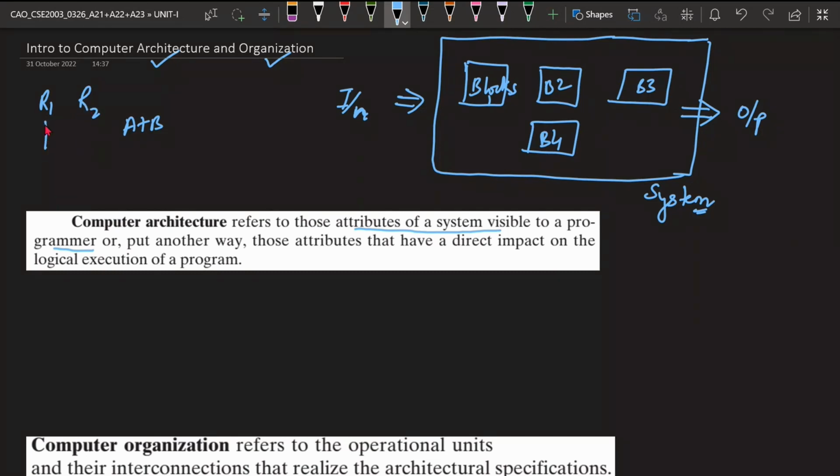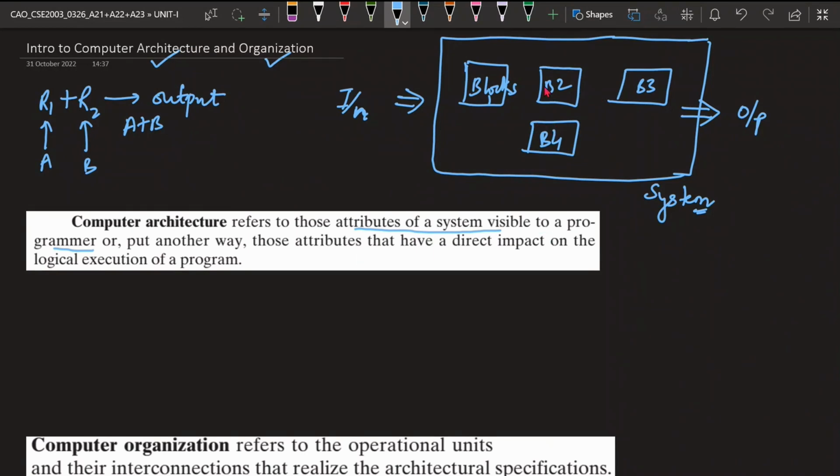He needs to put A into R1 and B into R2, then write the code to perform R1 plus R2, and then the output will be generated. So the programmer should know the inside blocks of the system.